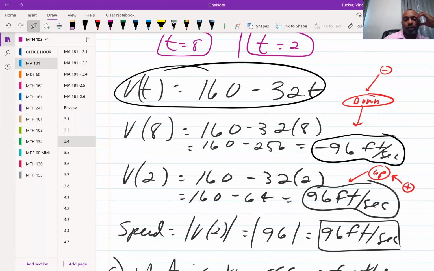And then the absolute value of either one of them will get you 96 feet per second, which is the speed. Velocity has direction, whether it's going right versus left, up versus down. That negative sign versus a positive sign will let you know.